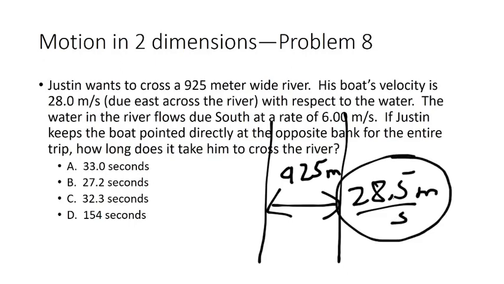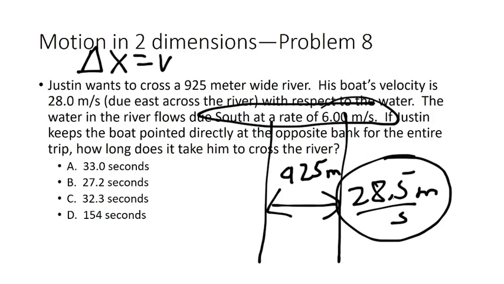That speed is unaffected by the flow of the river. So if we want to calculate his time across the river, we're going to go to one of our most basic equations, which is delta x equals vt. That speed of 28.5 meters per second is constant across the river. We're going to solve that for t.